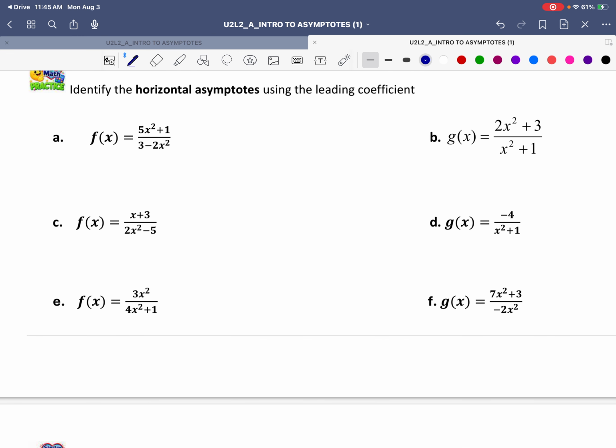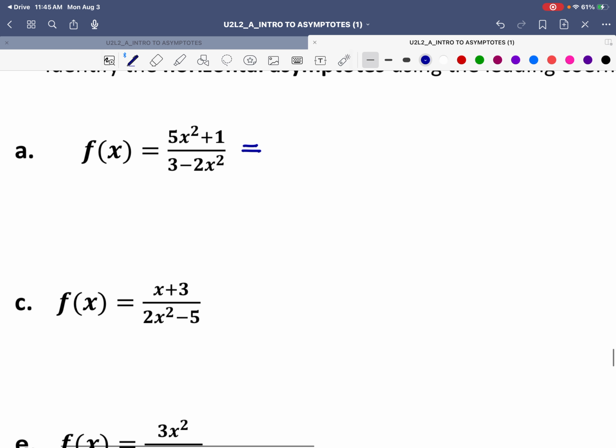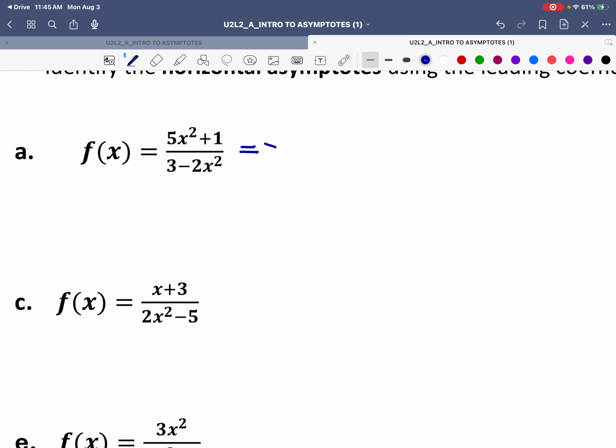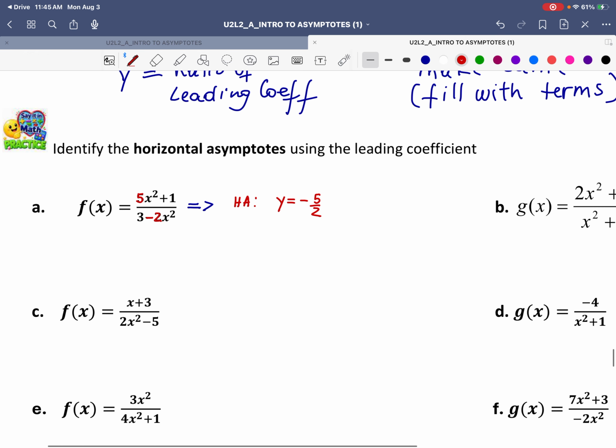In the first example, we have 5x squared plus 1 over 3 minus 2x squared. Power 2, that's the highest power. Therefore, y equals negative 5 over 2 is the horizontal asymptote.